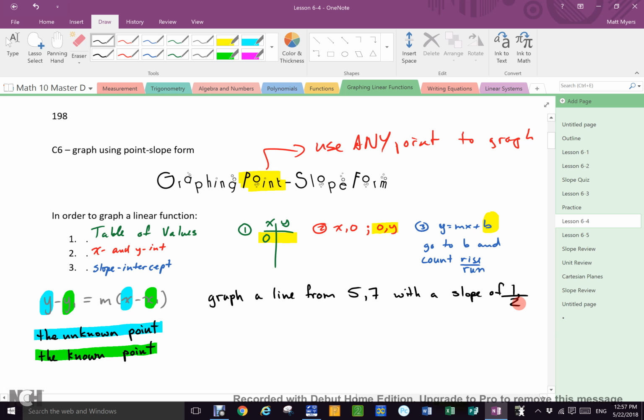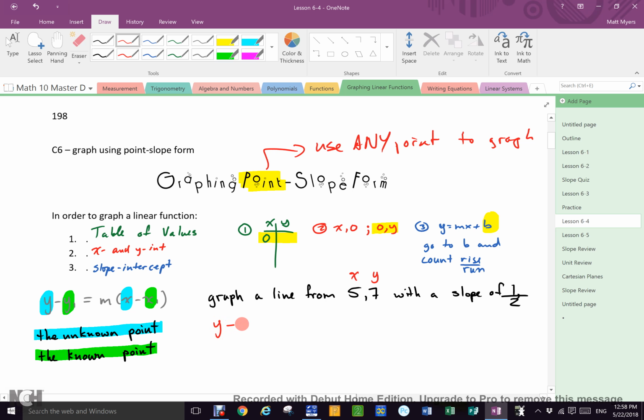Let's see. What do you know about that? That is what? A point on the graph, is it an X or a Y? That's an X. What do you know about that? It's a Y. Do you know on the graph where 5, 7 is? So is that a known or unknown point? That's a known point, which means it would go where? Where the green is or where the blue is? Where the green is. So the equation would look like this.